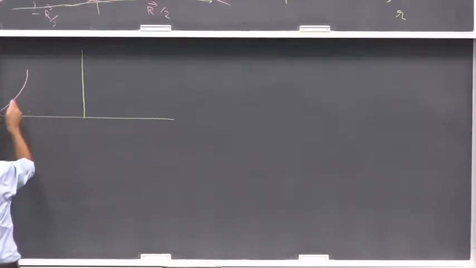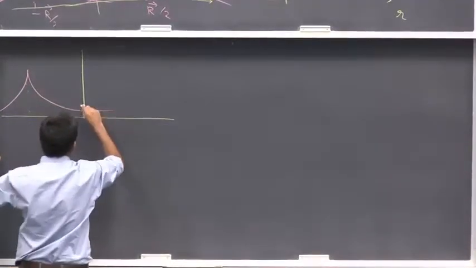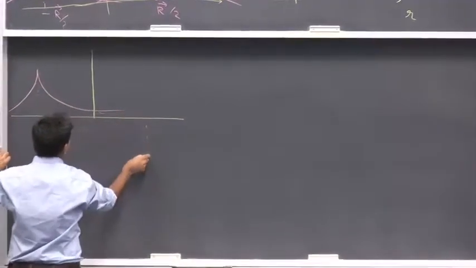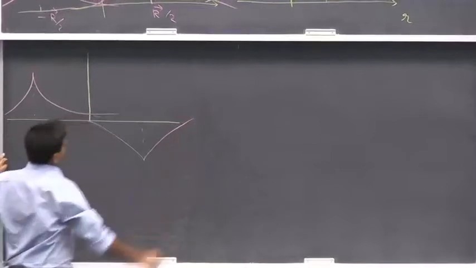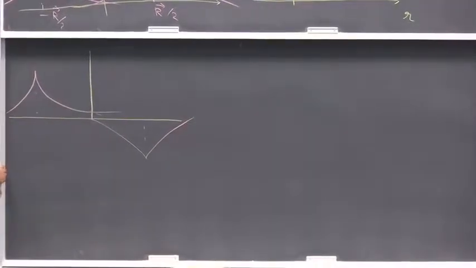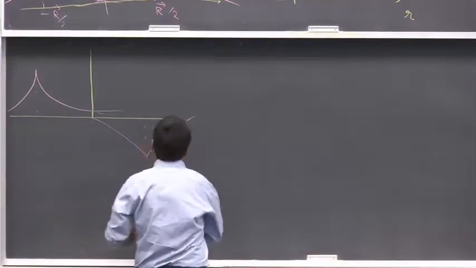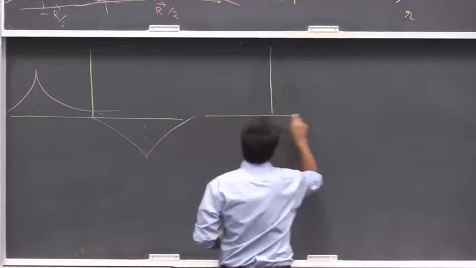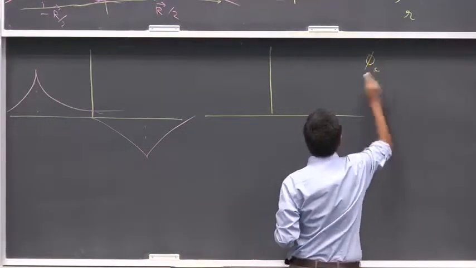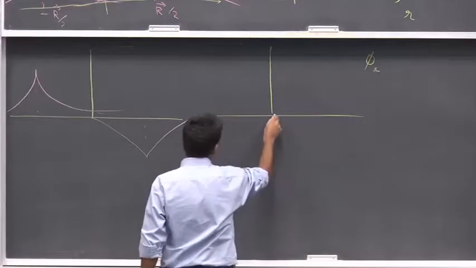So one is this state, other is this state. So ket 2 is negative. You have ket 1 minus ket 2. Now if you add the two, you get the wave function for the anti-bonding state. And that wave function looks like this.